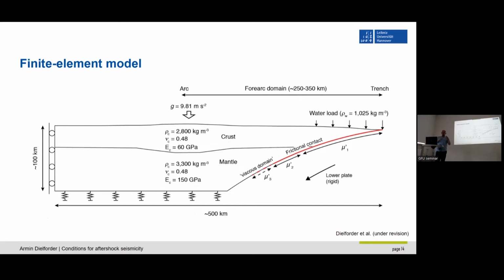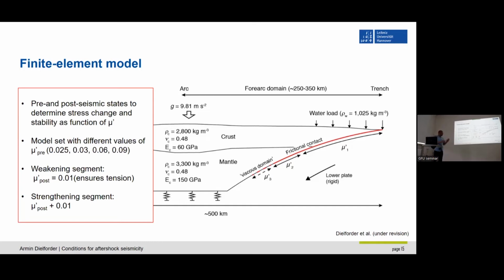It is basically very simple. We have two plates in a frictional contact. This would be the frictional contact here. We have a plate that goes down. And we can assign the effective frictional strength to the megathrust, so to say. We can define different segments of this fault that can then experience, for example, velocity weakening or post-seismic weakening and post-seismic strength. And then we have an upper plate that is elastic. We account for water load and for gravity. And for these conditions, we calculate the stress in the forearc.